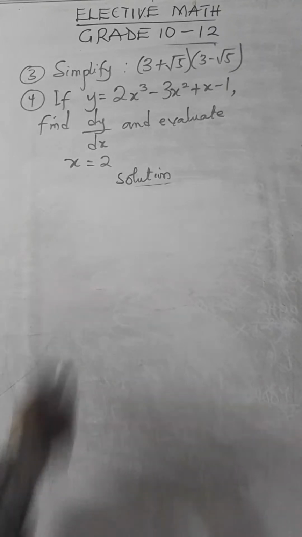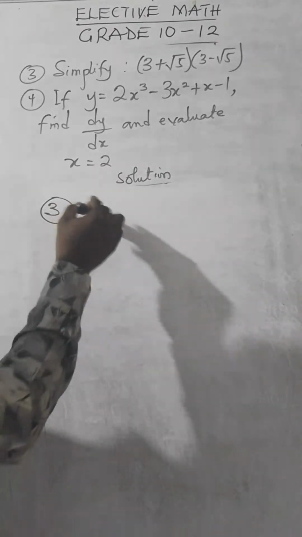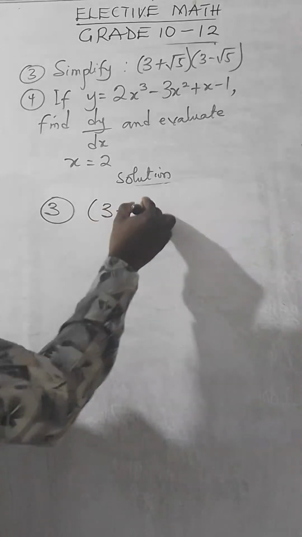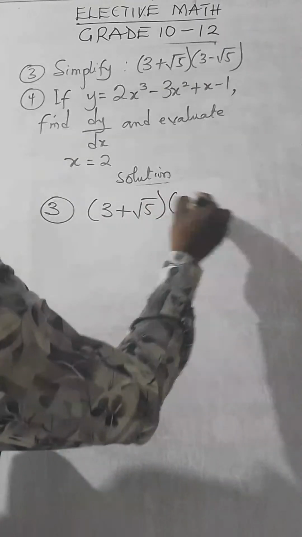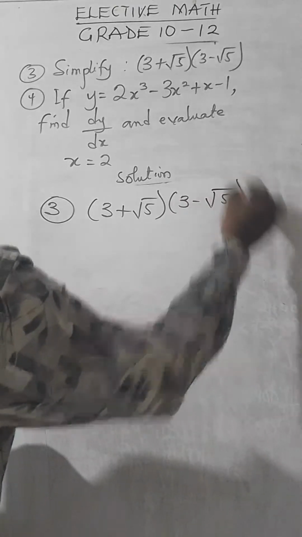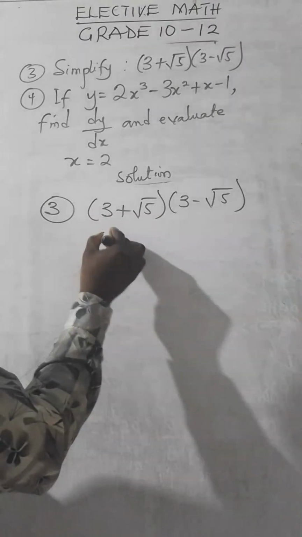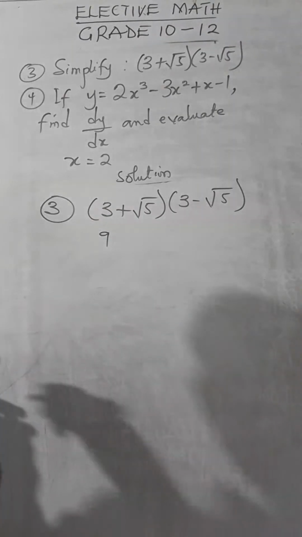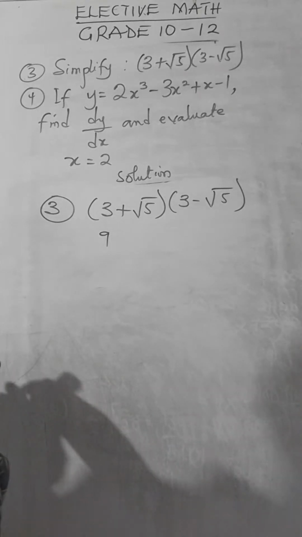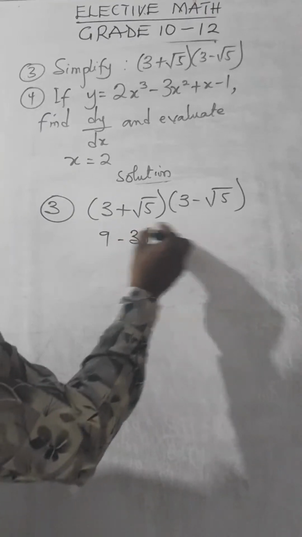Okay, so with this one, question 3, we have 3 plus root 5 times 3 minus root 5. So you expand: 3 by 3 is 9. 3 times root 5 is minus 3 root 5.